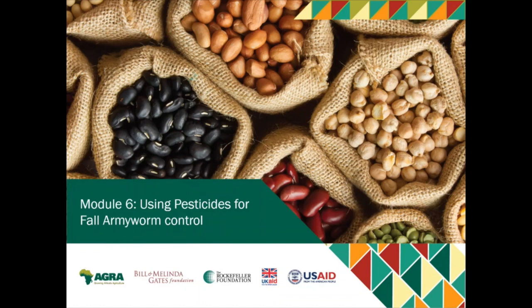We don't want people contaminating the environment with incorrect application. It's of course also about the safety issues, and then it's also about being effective in terms of the actual control. Because if one doesn't apply the product correctly, and one must remember that these things cost money and for farmers in Africa are often quite expensive, then one wastes one's time and money using the pesticide.